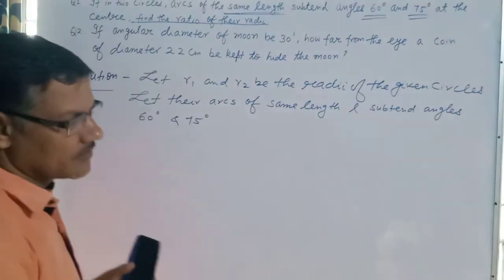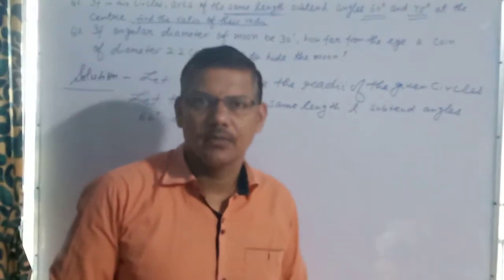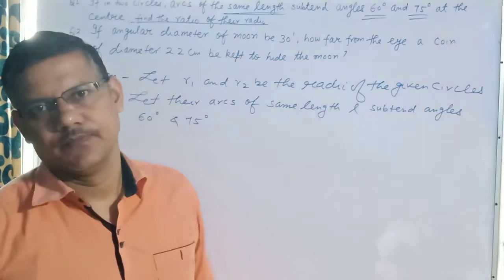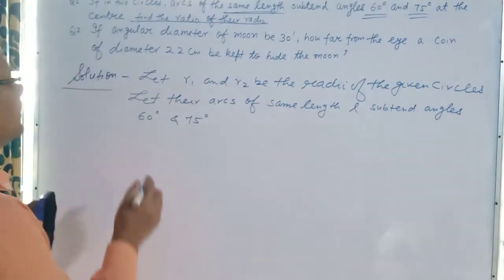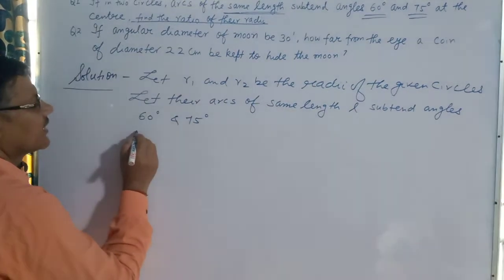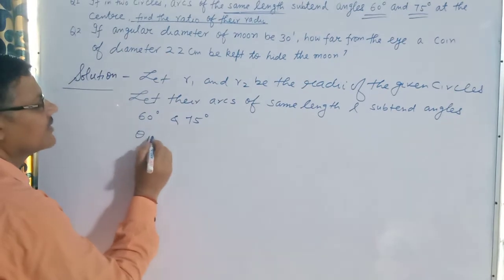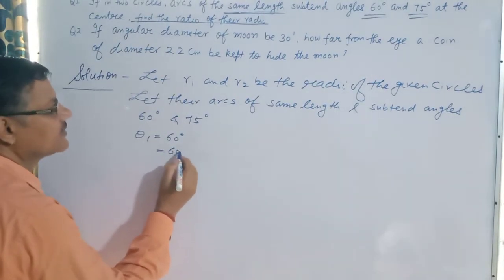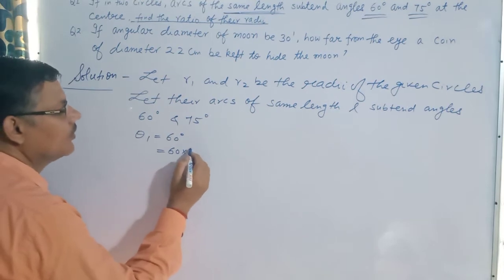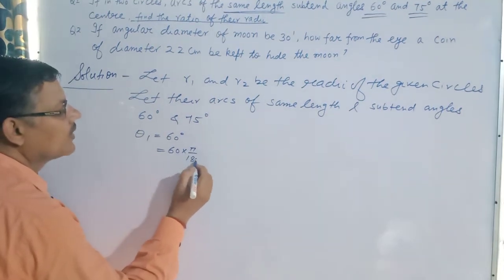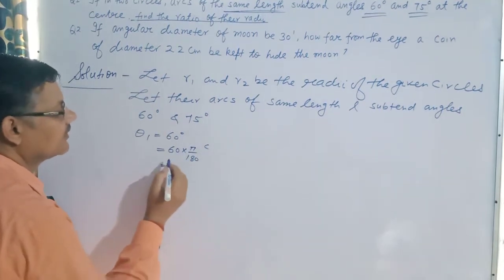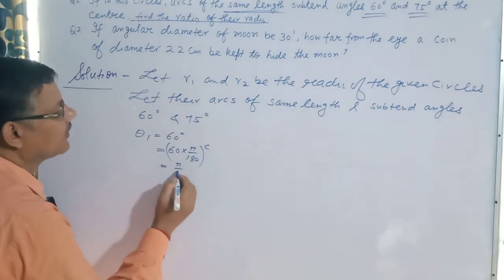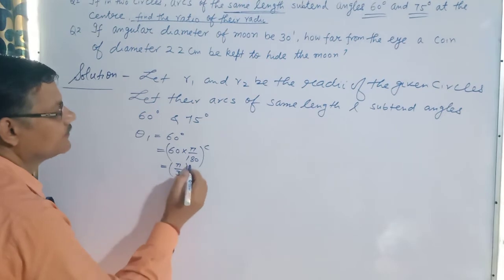As you know, in the formula theta equal to L by R, we are supposed to use theta in radian. So I write theta 1 is equal to 60 degree, which is 60 into pi by 180 radians, and definitely we get pi by 3 radian.